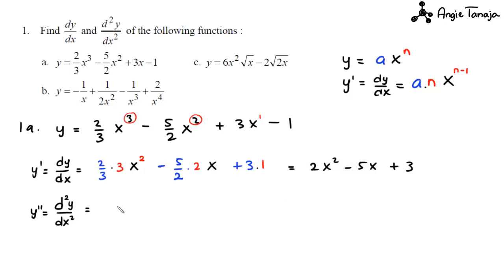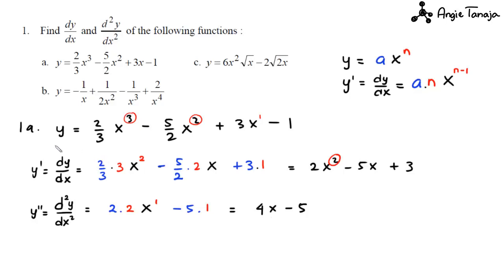So here we have 2 times 2 x to the power of 1, and then minus 5 times 1 and x to the power of 0, meaning that there is no x. And then plus 0, nothing, so no need to write. To simplify, this will be 4x minus 5. I think this part is still easy.